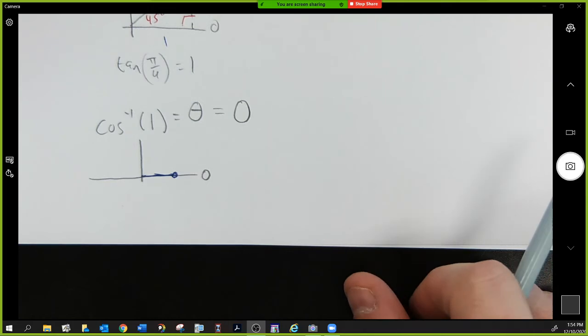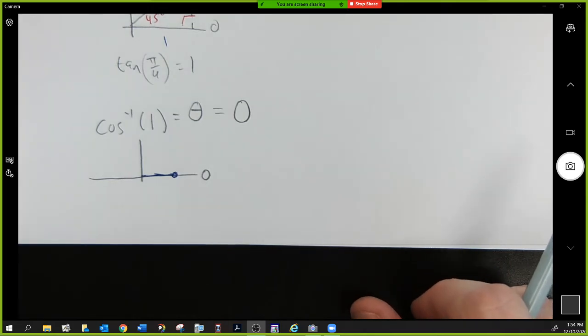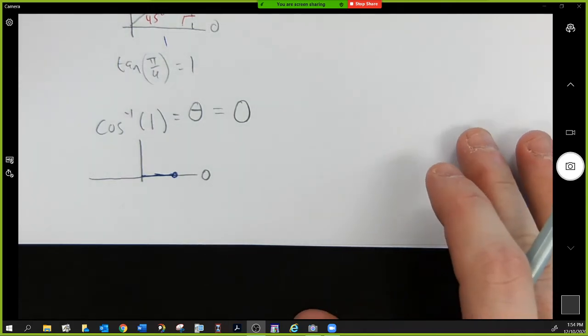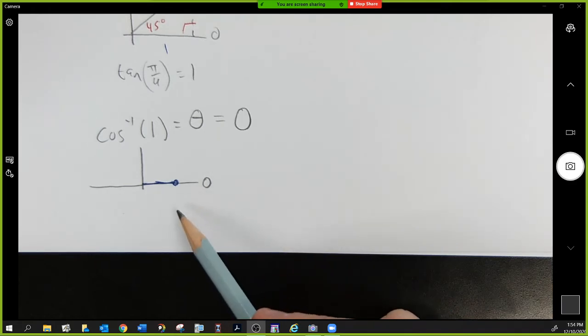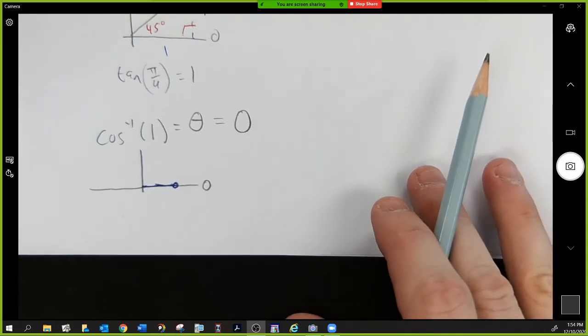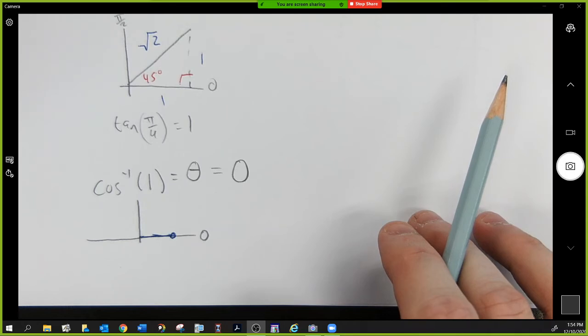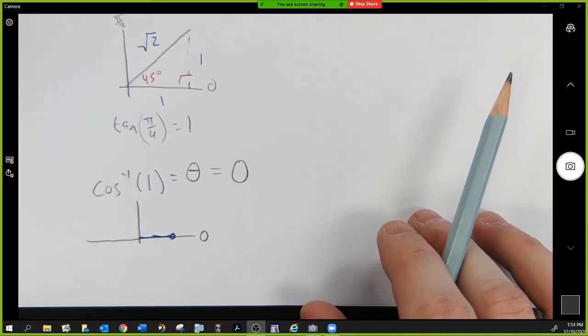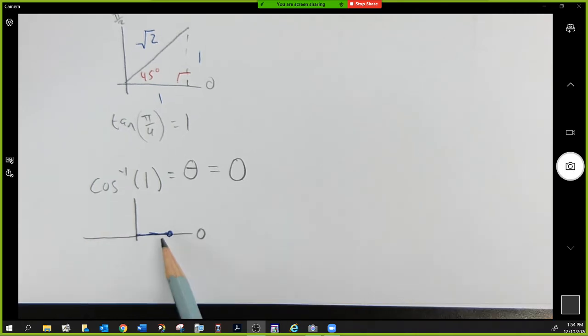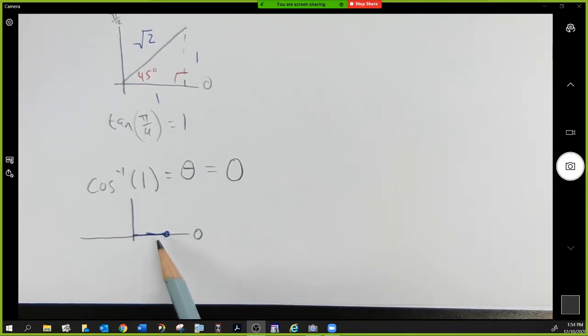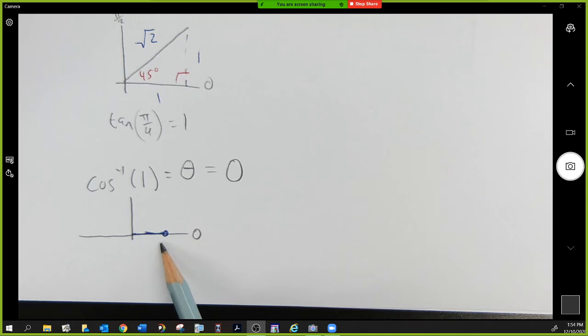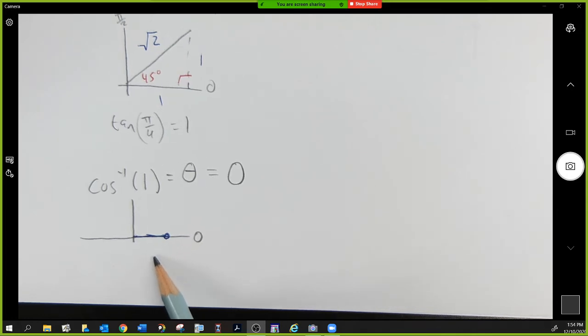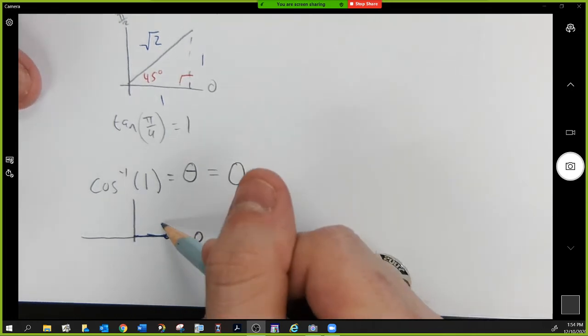Yes, sir? How do you know it's on this side? You mean, how do I know that right here x and r are equal to each other? Well, this blue thing, imagine it's the radius of a circle, and I could trace it all the way around.